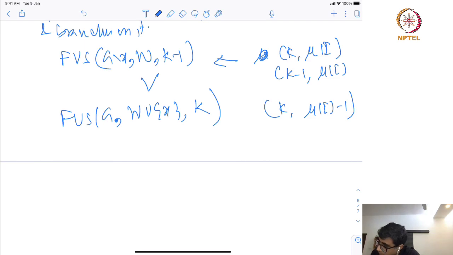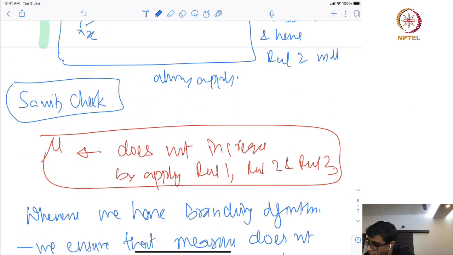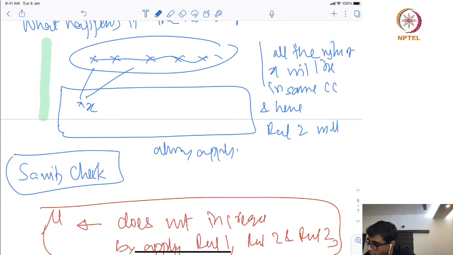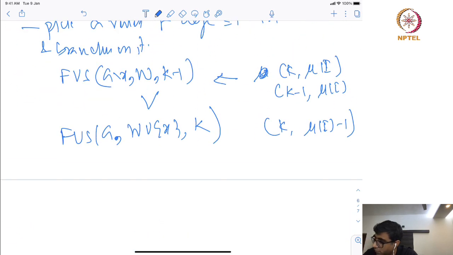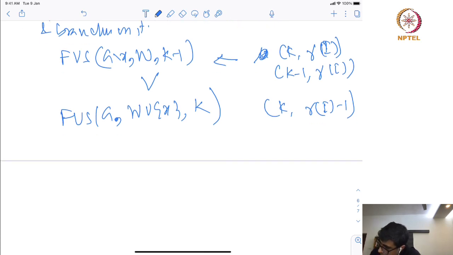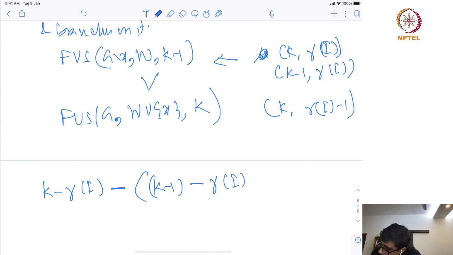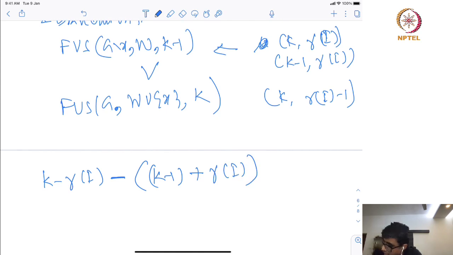Now, what did I use? Not mu of I, I use gamma of I, sorry, the number of components. In the beginning we have this. So what is the change in measure? K minus 1 plus gamma I, right.